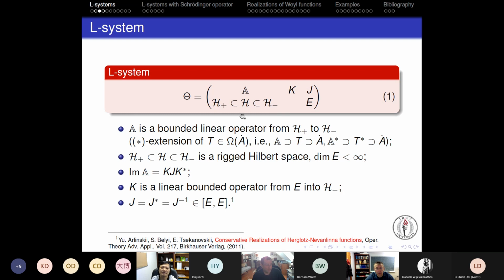There is a Hilbert space H, and inside it there is a dense set H plus, which is the domain of the adjoint operator. When you start working with unbounded operators, all things turn loose. To create a triplet, you take this domain of A star, the domain of the adjoint, and consider the space of linear functionals.